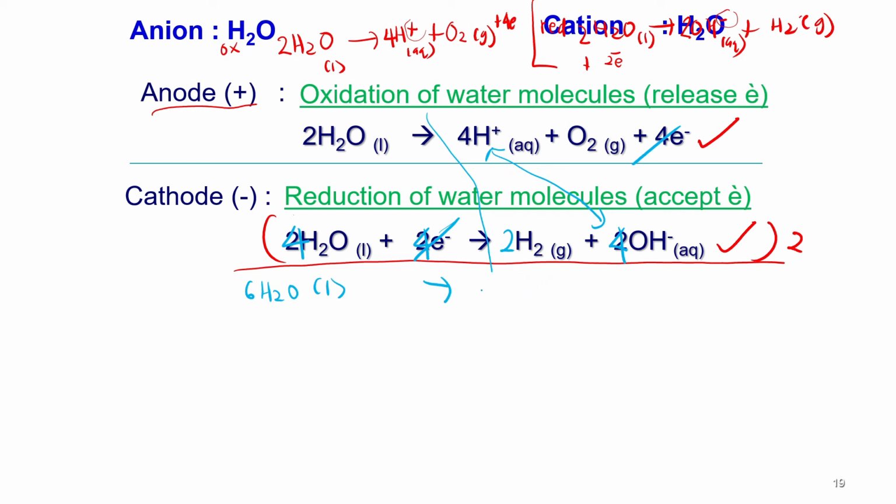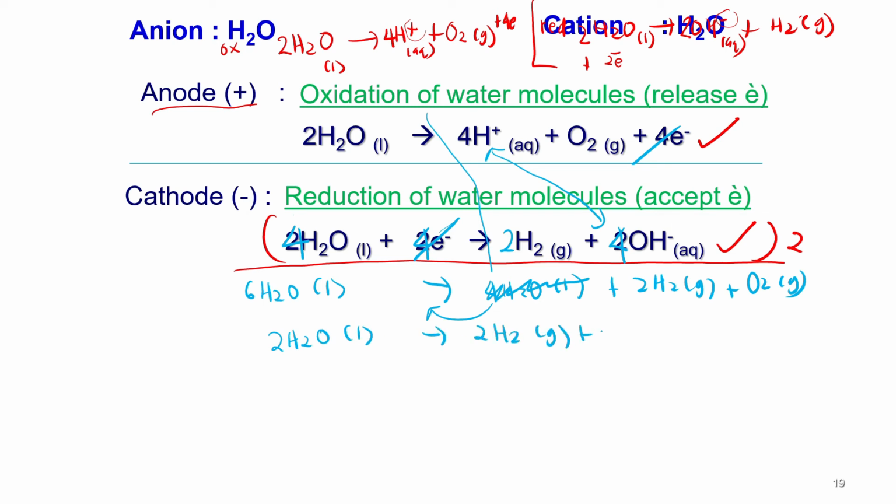So 4H plus jumpa 4OH minus akan form 4H2O. Okay, dan ada lagi 2H2 gas plus O2 gas. Okay, kita simplifykan sini. Water dengan 6 water dengan 4 water. So pergi sana jadi minus. So 6 minus 4 jadi 2H2O. So 2H2O produce 2H2 gas plus O2 gas.